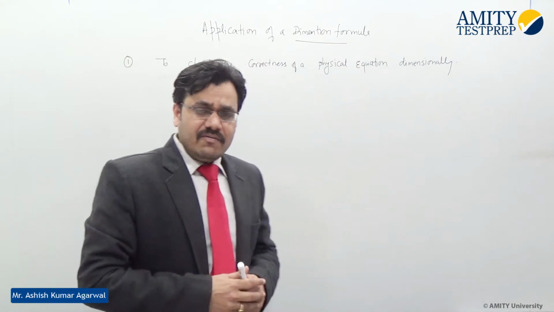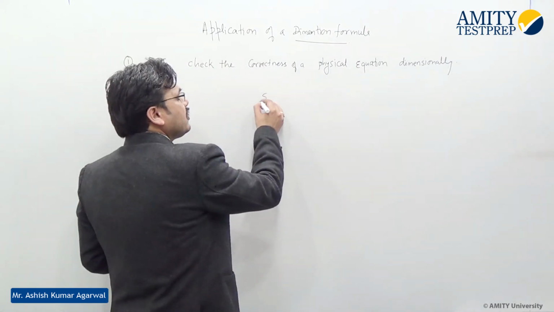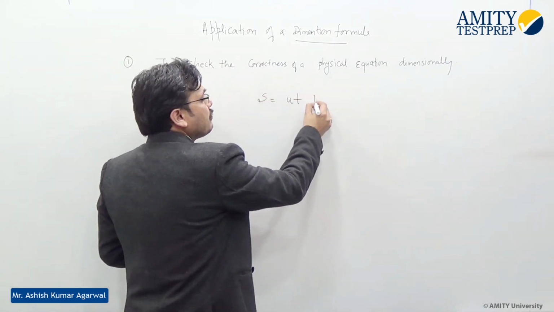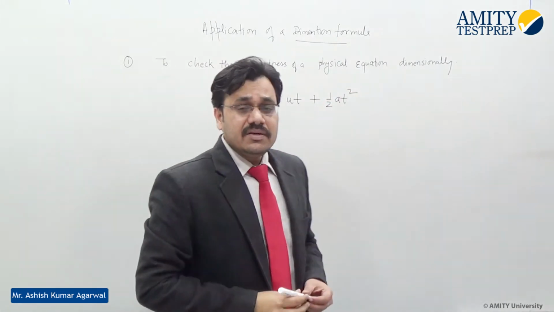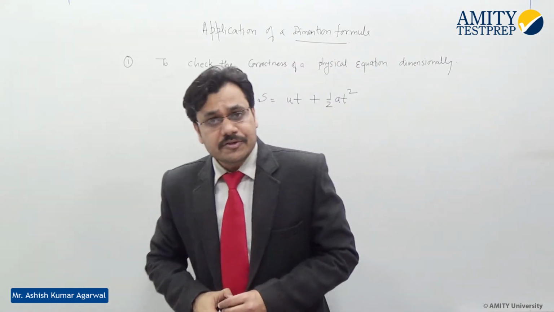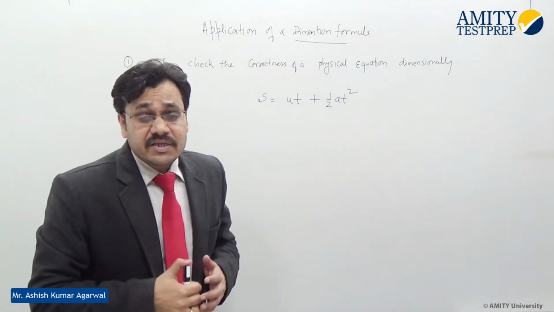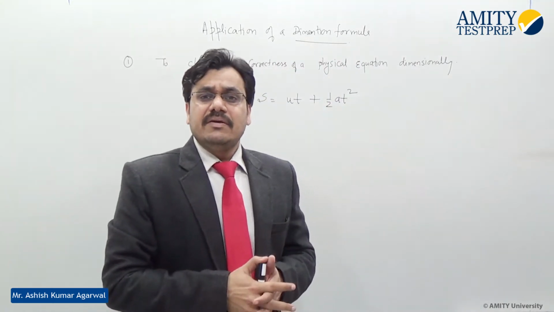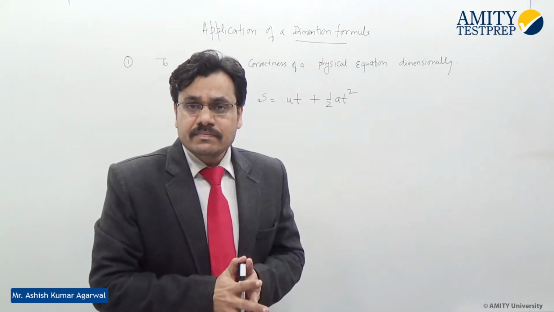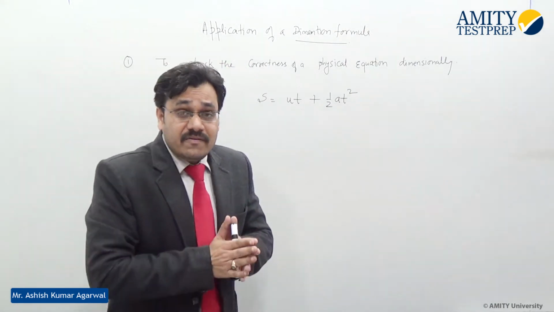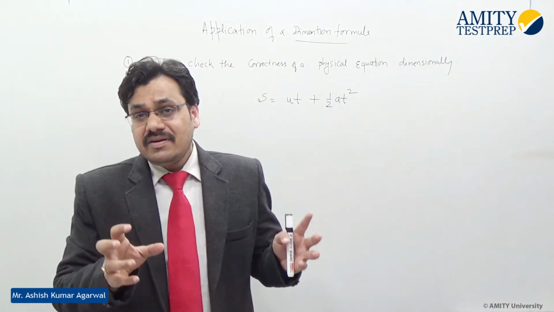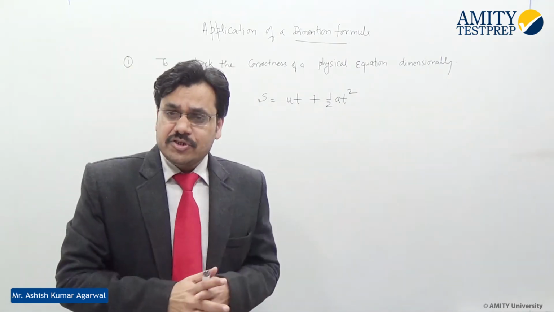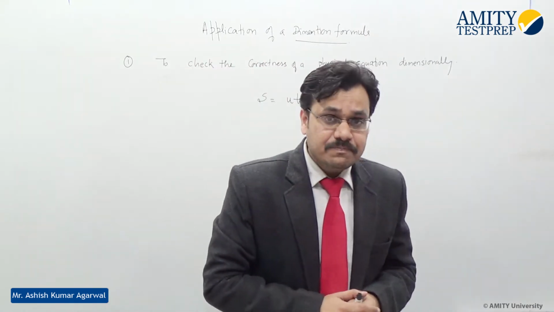Suppose I've got an equation like S equals ut plus half at square. This is a physical equation. Is this physical equation dimensionally correct? If I am saying dimensionally correct, it means all different terms in this equation should have the same dimension formula.